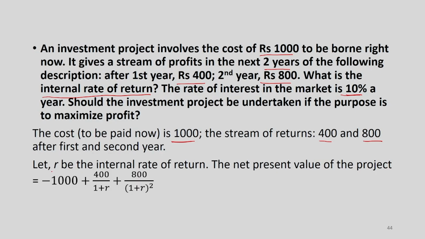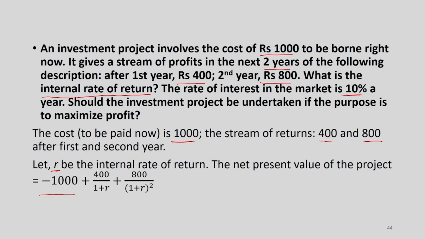Now, let us suppose R is the internal rate of return that we have to find out, right? That is the first question. Now, if R is the internal rate of return, then what is the net present value in this case? As we have seen in the last problem, the net present value is found out in the following manner.